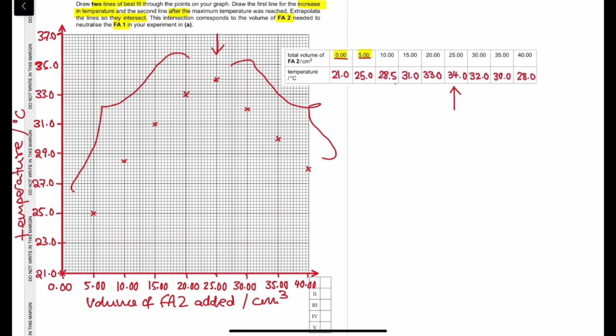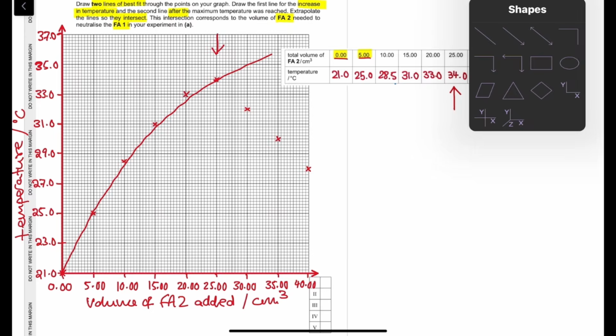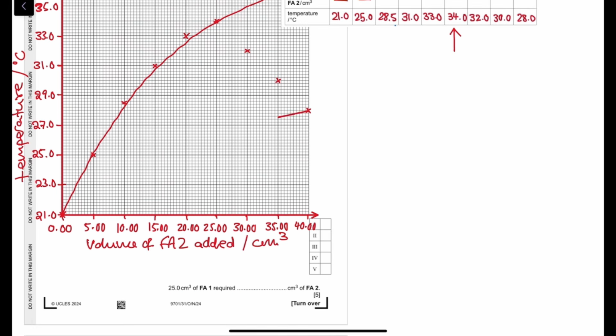Now this first section seems like a curve, so I'm going to draw a curve of best fit, and I'm going to extrapolate beyond 34 degrees Celsius. And then our second line seems like a line of best fit, so I'm just going to draw a straight line through.